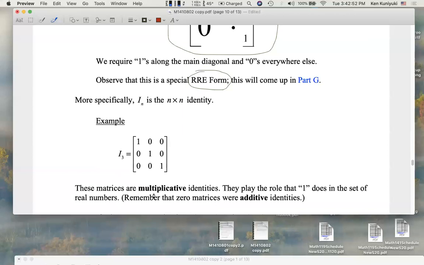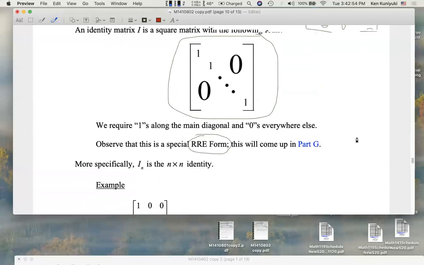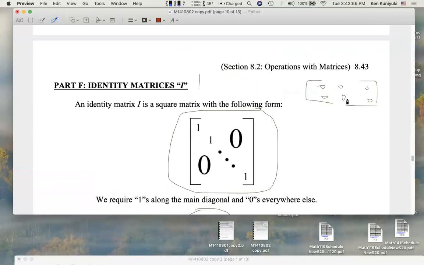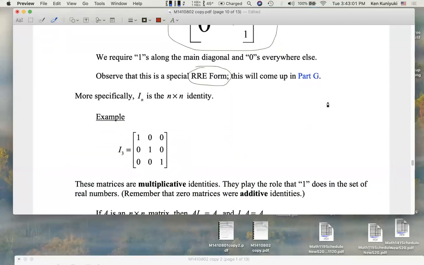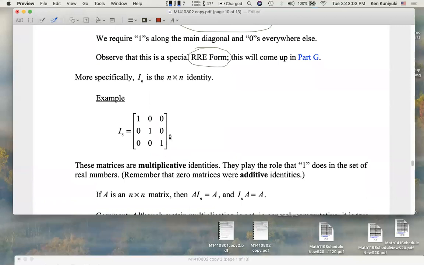These matrices are multiplicative identities, just as the 0 matrix here was an additive identity for 2 by 3 matrices. These matrices play the role of 1, in the sense that when you multiply by 1, you get the original thing back.